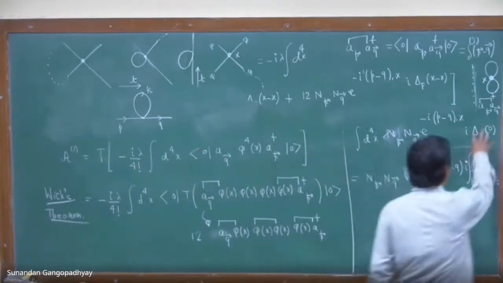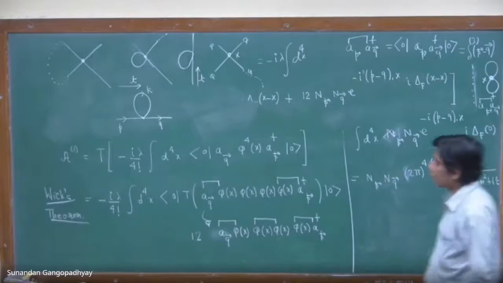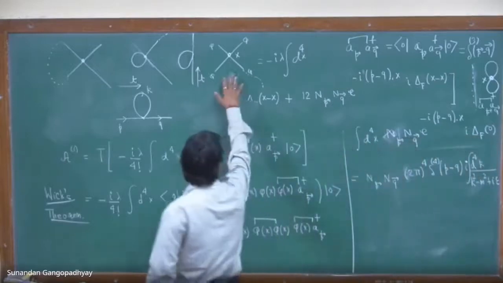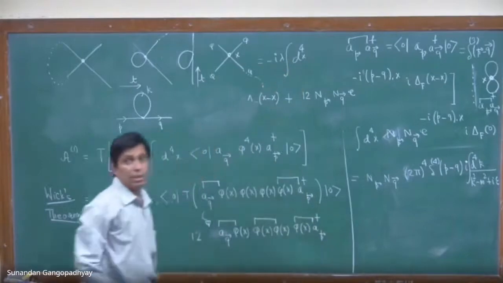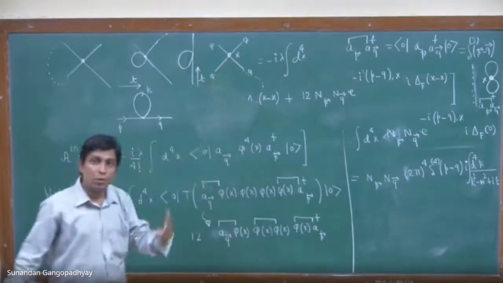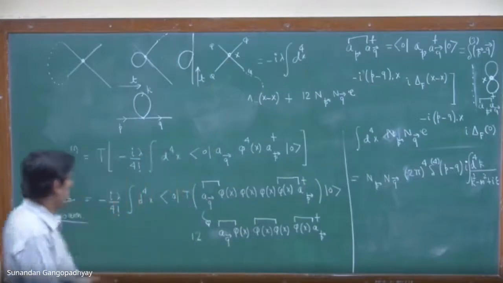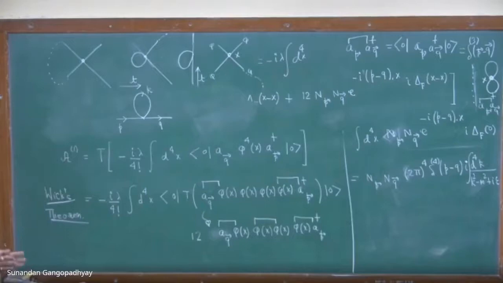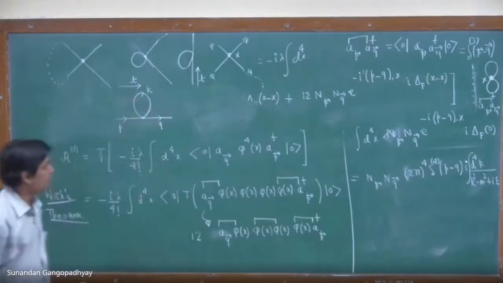Whenever we have delta f0, it basically means that there is an integration over k, and so on. The vertex, we have to replace by minus i, and then there is an integration over the x coordinate. If you have two vertices, there will be two integrations over x coordinates, and this is how you make sense of these Feynman diagrams.